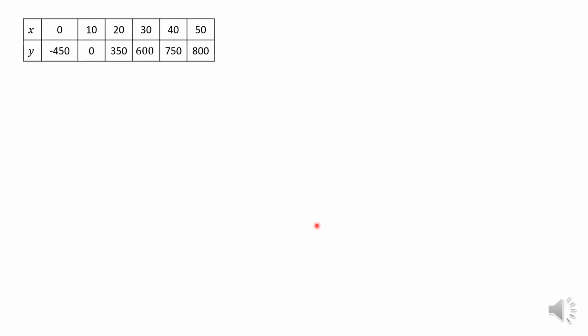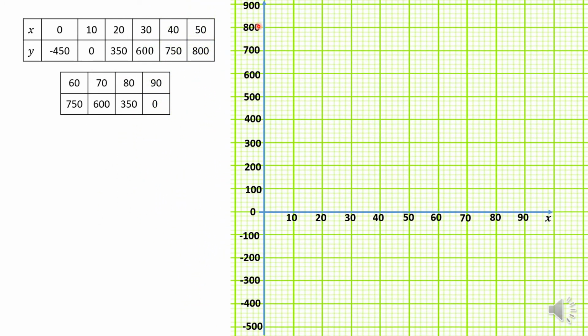Let me bring my table. I just cut it in two for space. I have my graph here, my x-axis and y-axis, and you can see I labeled them. Now the only thing that is necessary is to plot the points. When x is 0, y is negative 450, somewhere halfway between negative 400 and negative 500. When x is 10, y is 0, so it's on the x-axis, as you can see at that red dot. Then 20 and 350, halfway between 300 and 400, and you plot it.